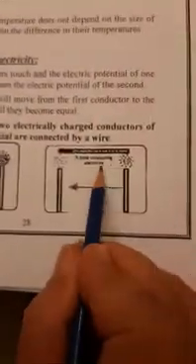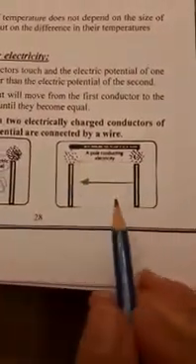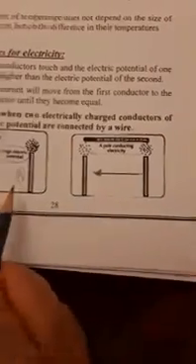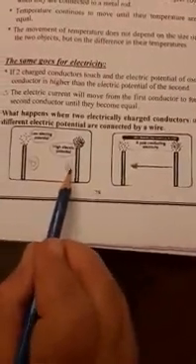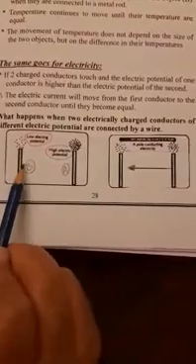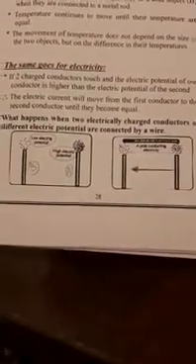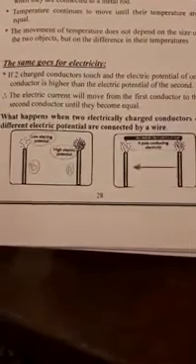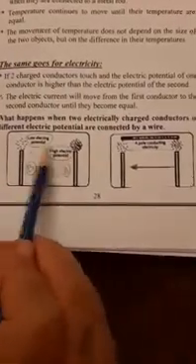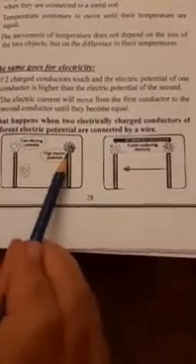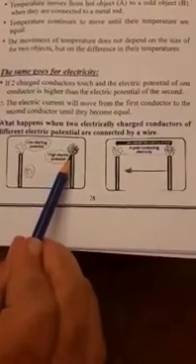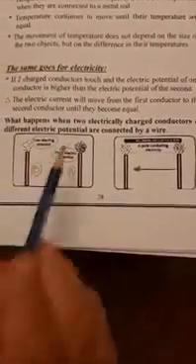If we connect them together, the electricity will move from the conductor of high potential to the conductor of low potential. This is number one that we will find. The electricity will move until they both have the same electric potential, or until there is no potential difference.